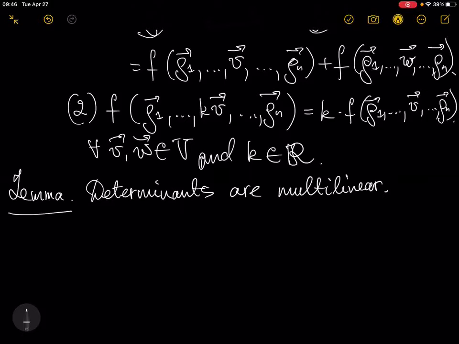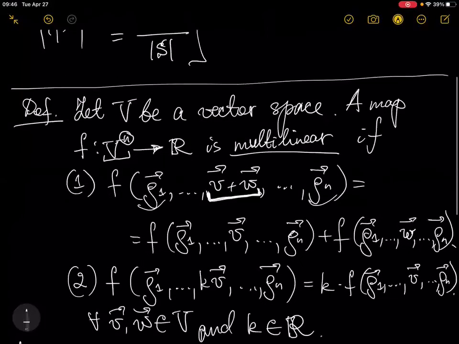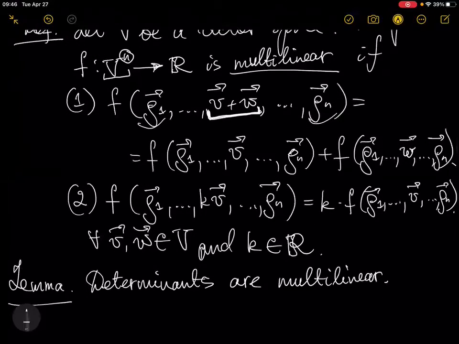Yeah. So you see, here V is an arbitrary vector space. So I introduced this definition of the multilinear function for an arbitrary vector space. For example, I can introduce a function over the space of polynomials, right? Or the space of continuous functions.